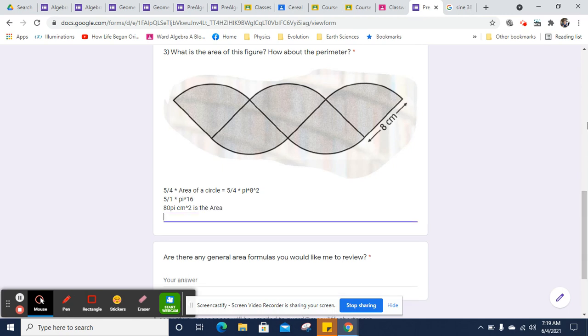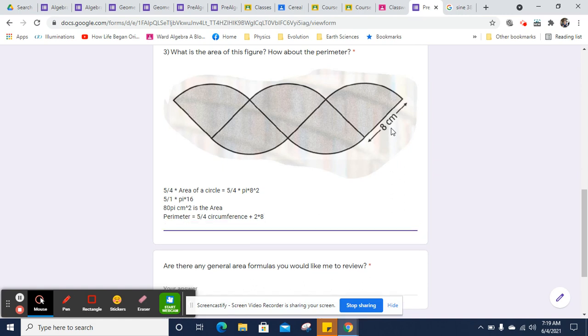Well, the perimeter is 5/4 of the circumference plus these 2 radii of 8. So perimeter equals 5/4 circumference, I should say, plus 2 times 8.